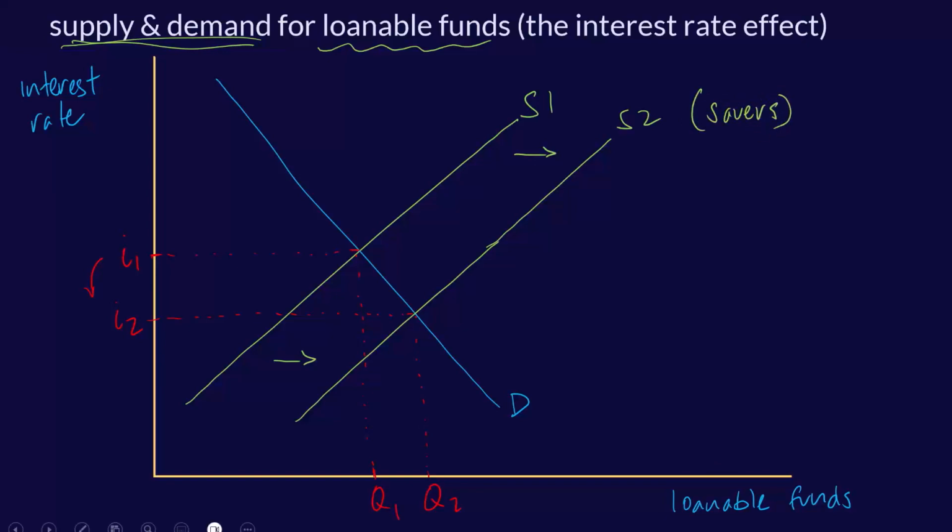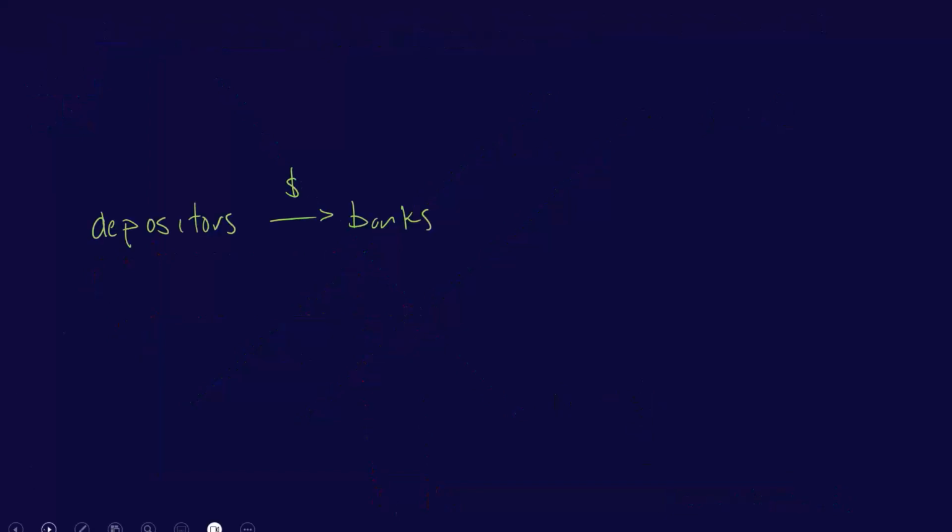And the demand is coming from banks. And so this interest rate here would be the interest rate that savers are paid for leaving their money in a savings account. Now next, or even at the same time, banks are using this money to make loans to whoever wants a loan.